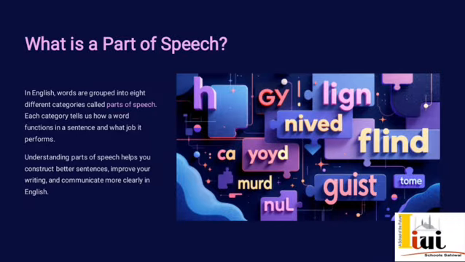In English, words are grouped into 8 different categories called parts of speech. Each category tells us how a word functions in a sentence and what job it performs. There are 8 parts of speech. They categorize words by their grammatical role and function within a sentence.